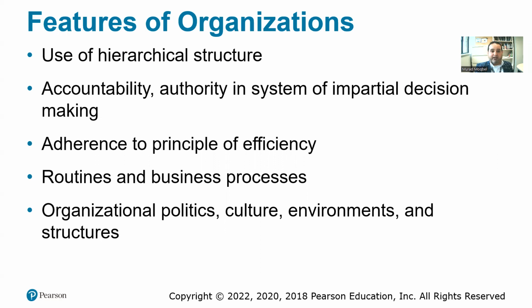Another principle is adherence to efficiency as an organization. Efficiency means that we need to perform tasks or business processes with the least waste and the least cost possible in order to improve our bottom line as an organization.